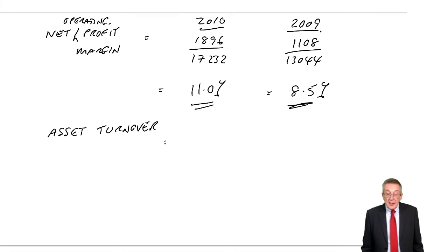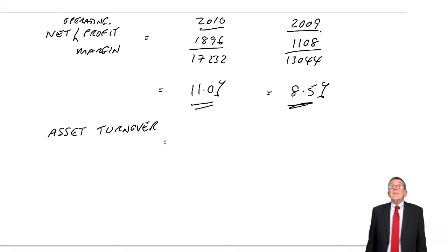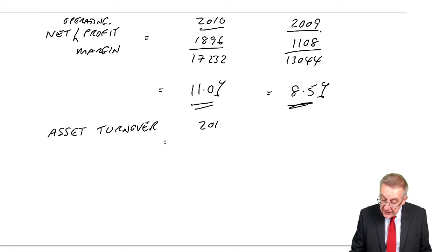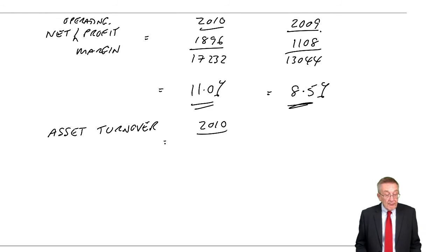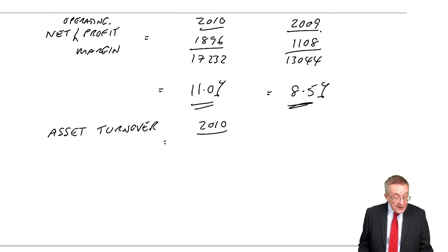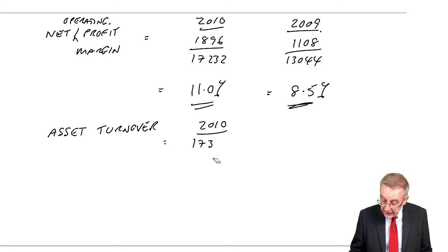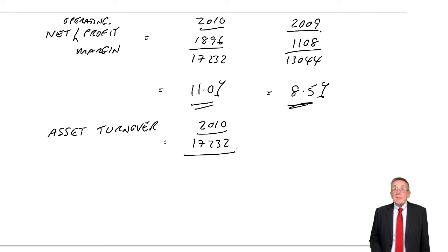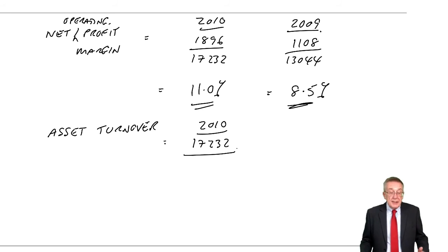And again, you've got the formula there. We look at the sales, the revenue. So in 2010, the revenue was 17,232. And we divide by the long-term capital in the company.